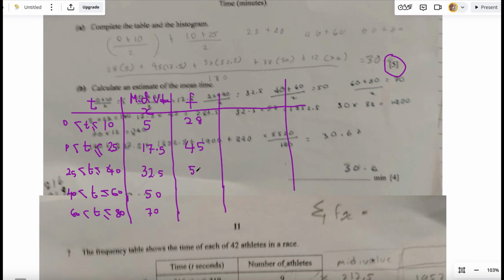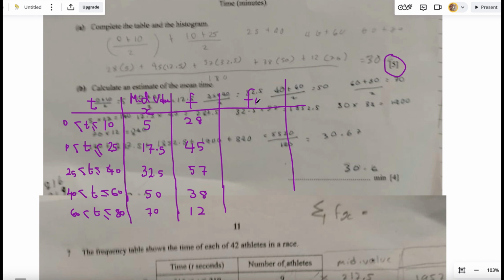These are the frequencies that are given to us. Some we found by ourselves, the first two. We completed that. Then the next thing to do is to find what they call fx.